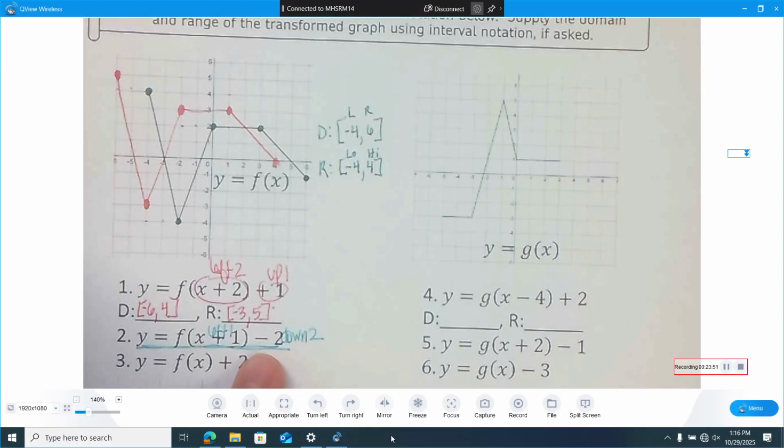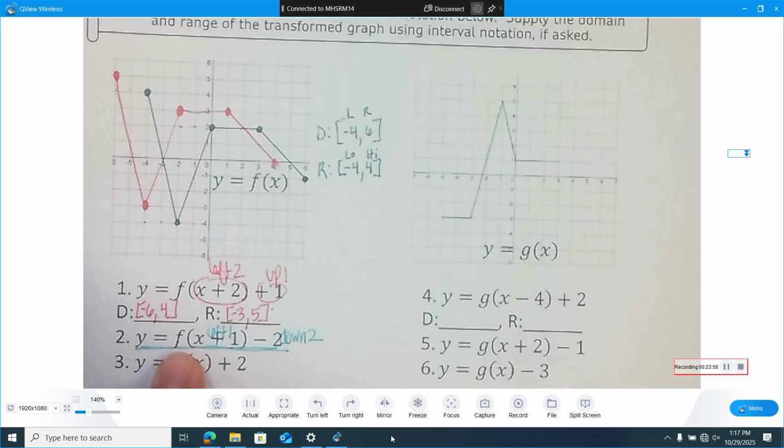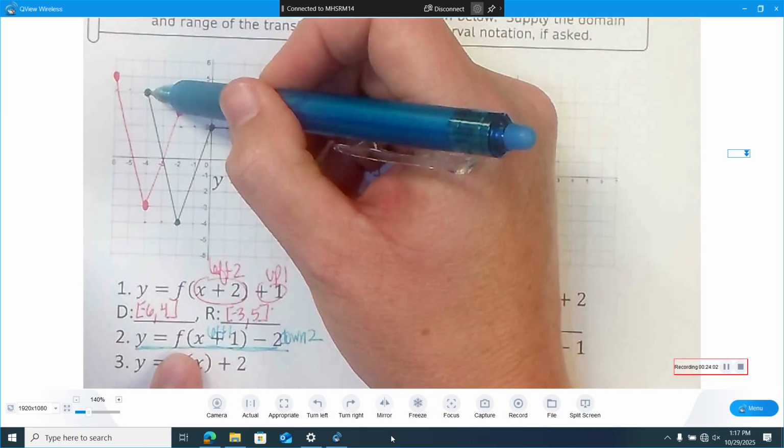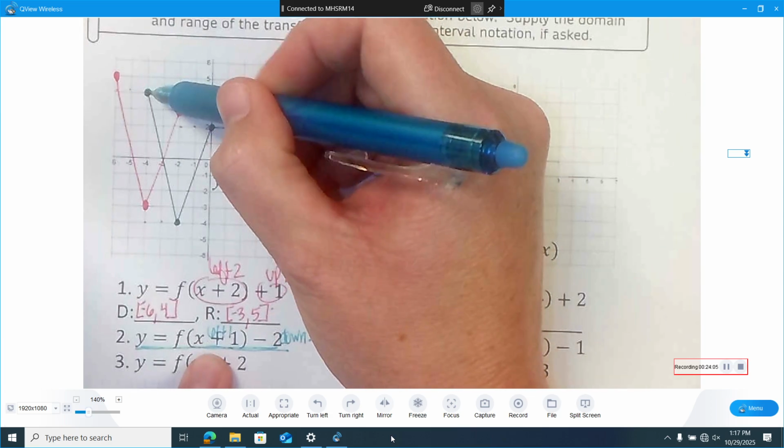And again, which one are we shifting? Do we shift the red one or are we shifting the black one? The original f function. Yep, we're shifting the original function. So go back to the black graph, or green, whatever color I use, I guess. And we're going to shift those left 1 and down 2 now.